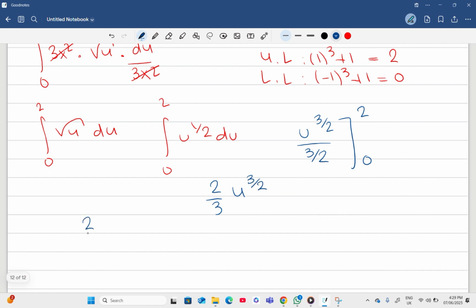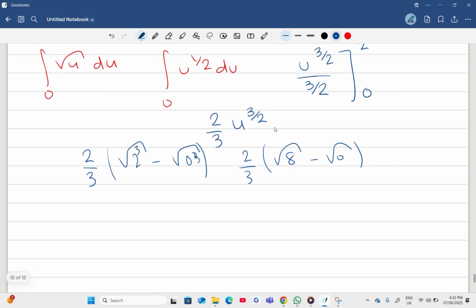Now we're going to take the 2 over 3 outside, and then into radical the 2 cubed minus radical 0 cubed, which is the same thing as saying 2 over 3 into radical 8 minus radical 0.